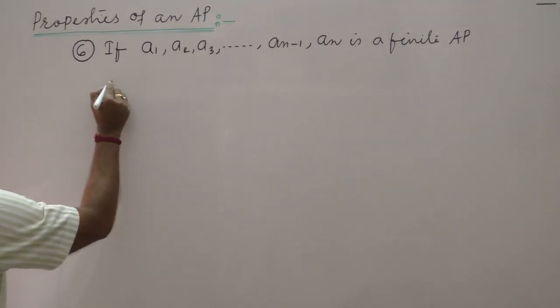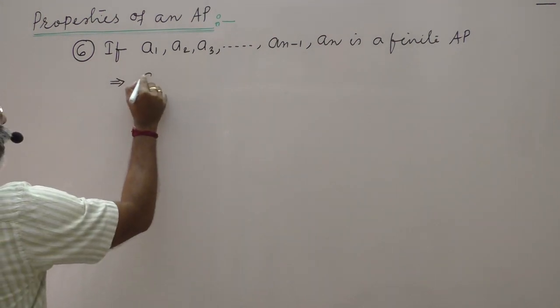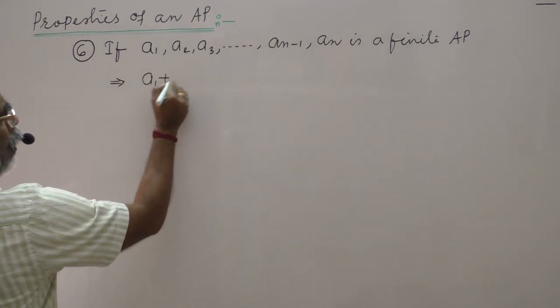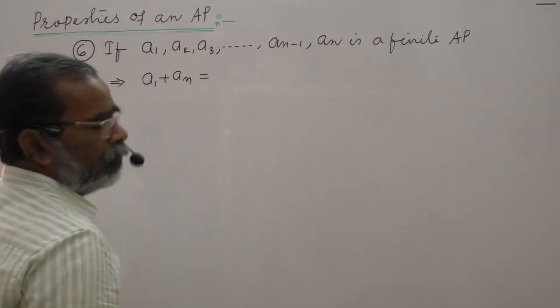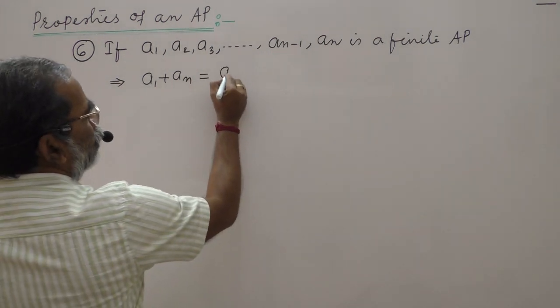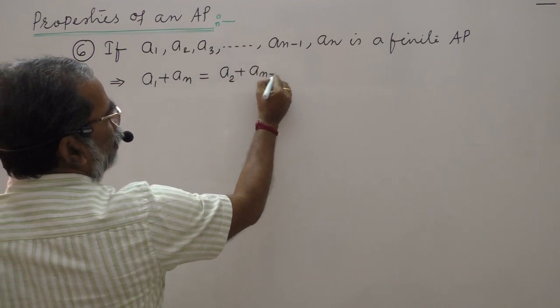Then this implies a beautiful property: the sum of the first term and last term of this finite AP is the same as the sum of the second term from the beginning and the second term from the ending.